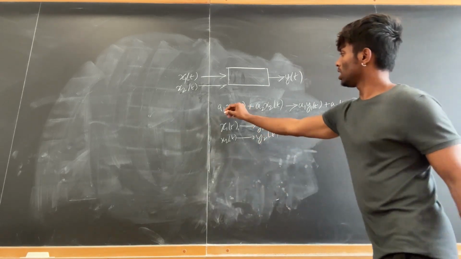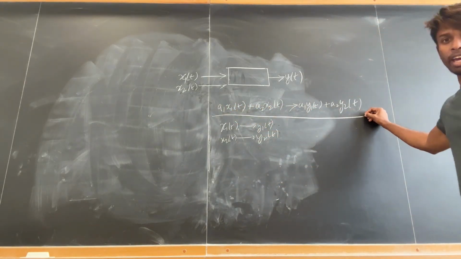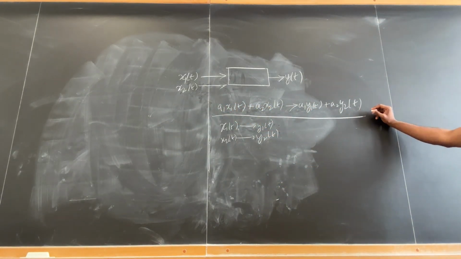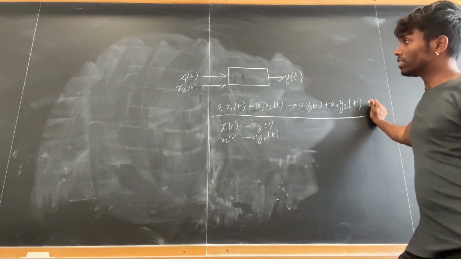So this particular linear relationship shall be held by the system. In that case, the system is a linear system.